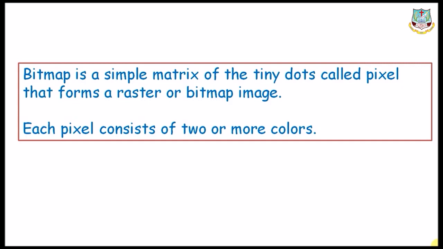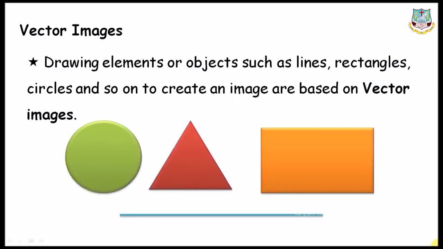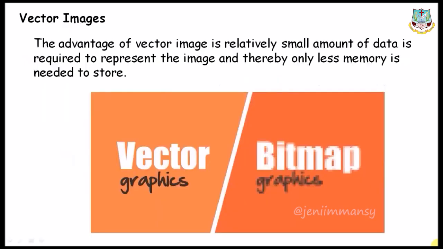We know that. And let's see what vector images are. A vector image is made of drawing elements or objects. What do we draw? We draw lines, circles, triangles, squares. These are all vector images. These vector images will be very clear.